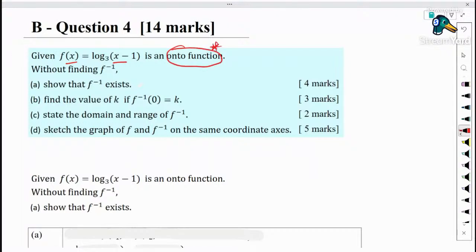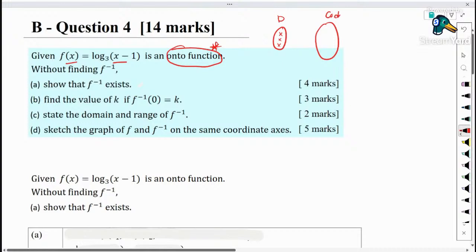Onto is an important concept that you need to take note of, but most of the time the question never mentions it. And what is the idea of onto is that, again, if you refer to an arrow diagram, let's say in here I have domain and I have codomain.